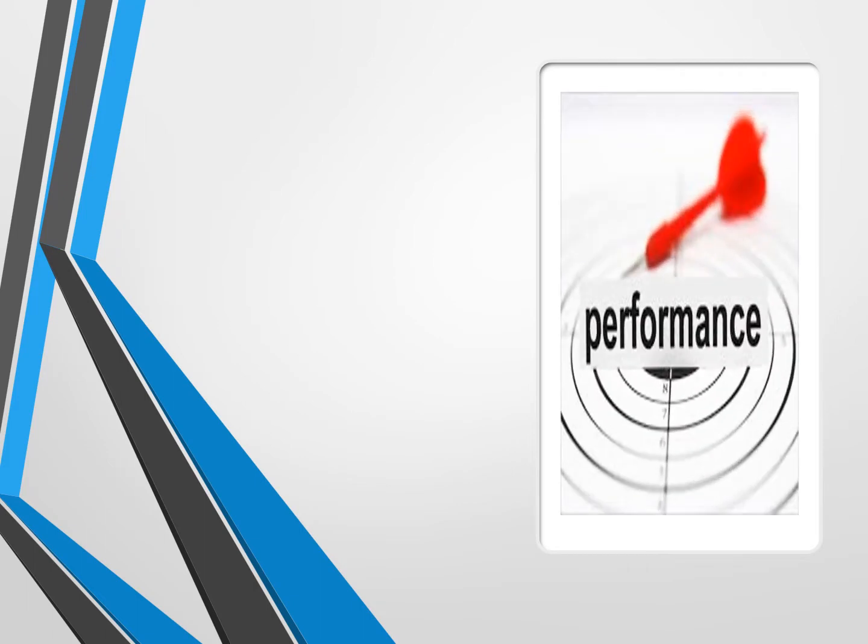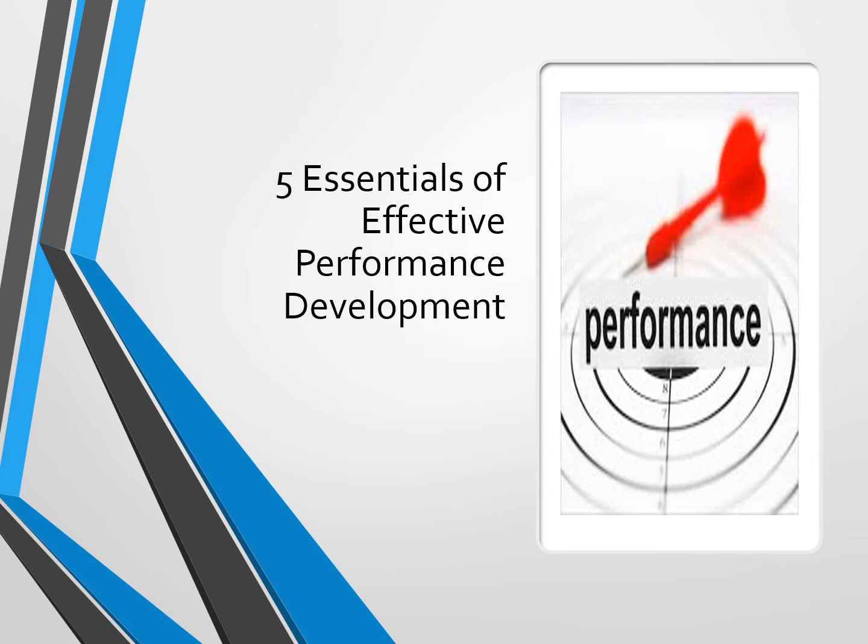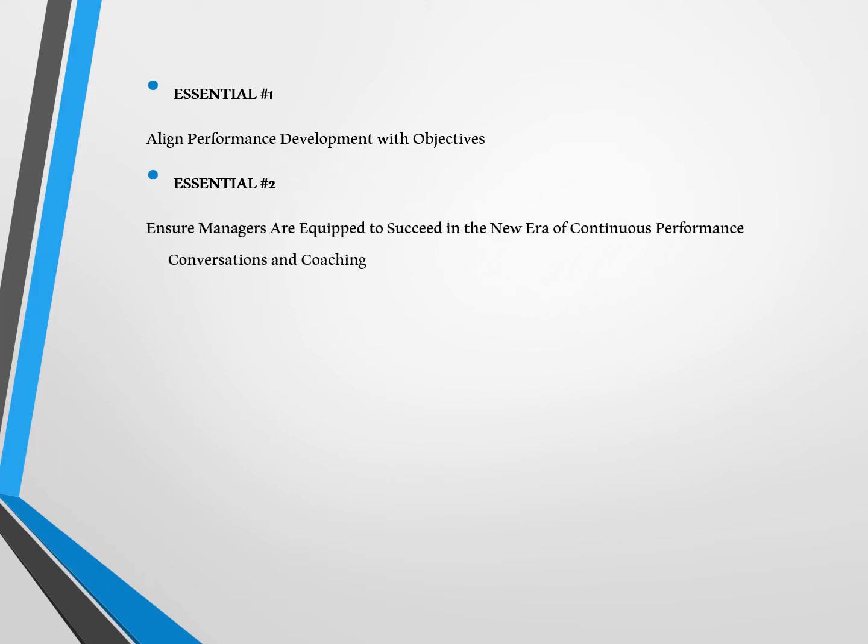So we have the 5 essentials of effective performance development. First essential is align performance development with objectives. Number two essential, ensure managers are equipped to succeed in the new era of continuous performance conversations and coaching.